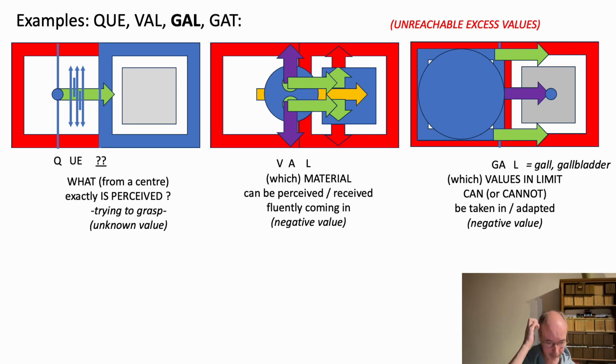The last part is the GAL. I should have looked it up. It's one of the organs in your body, the spleen, I think, if I'm not mistaken. It is an organ that helps you with the digestion.